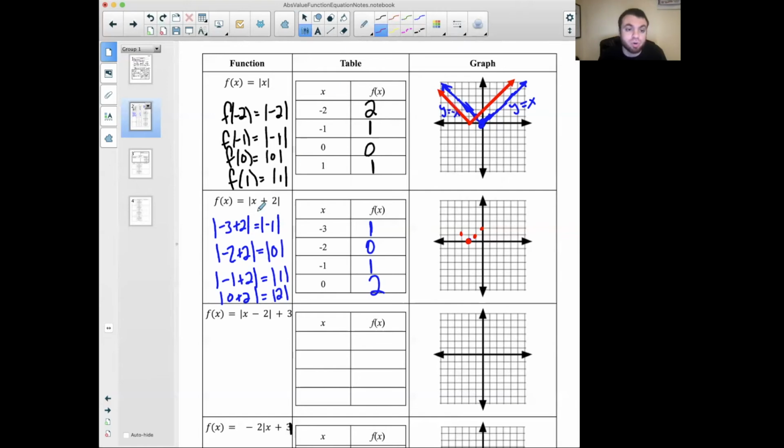Okay, there's a 2 right here. So remember when we had exponentials, when we had a positive k and moved the parent function to the left, that was the one that worked opposite? Same thing happens here. When you have a positive 2 or a positive number, a positive h, inside the bars, that's going to move things to the left.